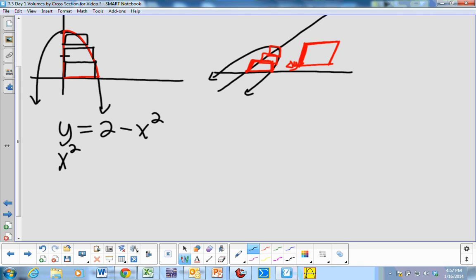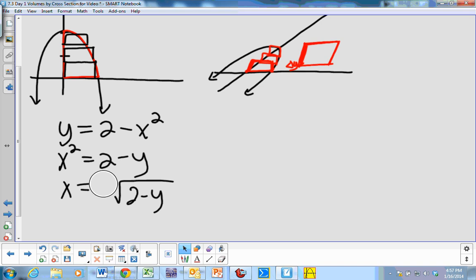That gives us x squared equals 2 minus y. Square root both sides. Now technically we get plus or minus the square root of 2 minus y, but remember it's only the part in the first quadrant, so we can get rid of our plus minus because it's only the positive part that we need. So that's what x equals.